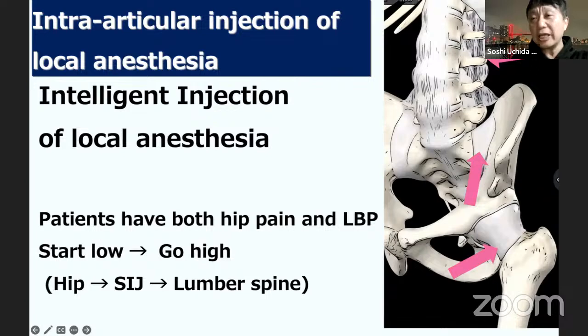If the injection is in the hip joint and 100% of the pain is gone, the low back pain sometimes comes from the hip joint. Those patients can be managed by hip arthroscopy surgery.